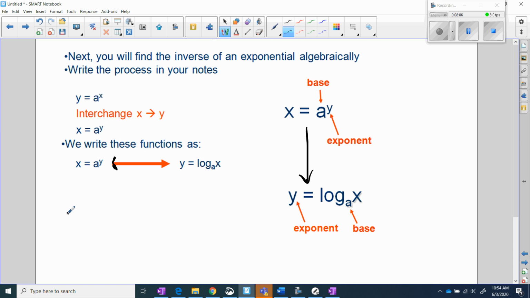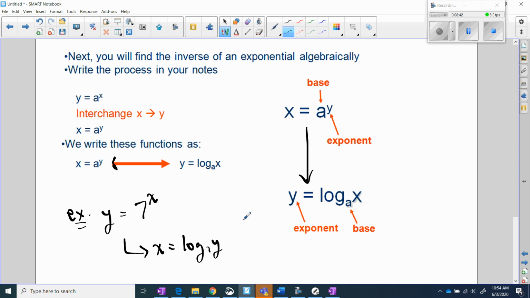So for example, if I had y equals 7 to the x, and I wanted to switch that and write it as a logarithm instead, well then it would be x equals the log of y to base 7. One thing you'll notice is the base of the exponential statement coincides with the base of the logarithm. It's like the opposite of an exponent. It's a subscript written down below here.